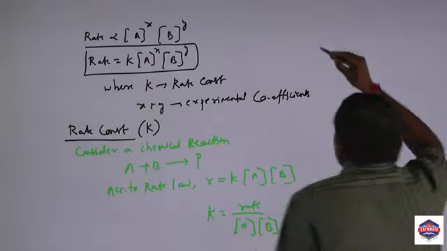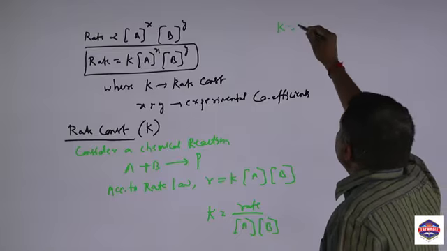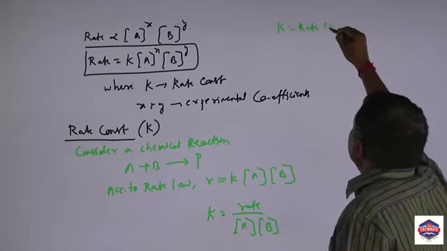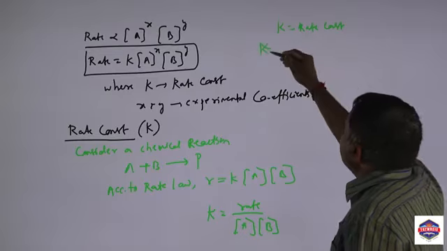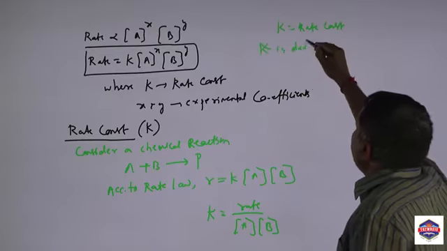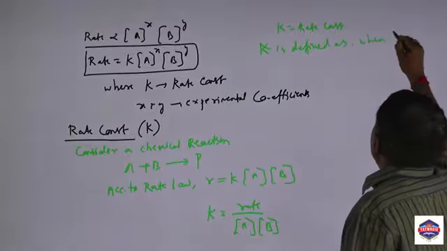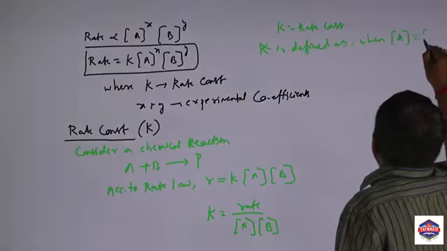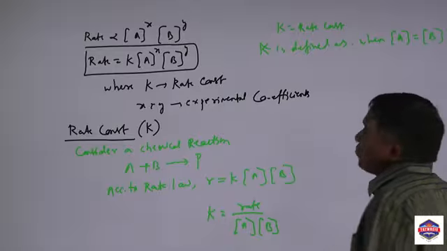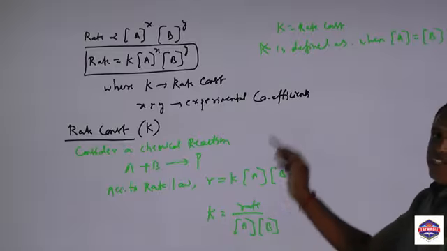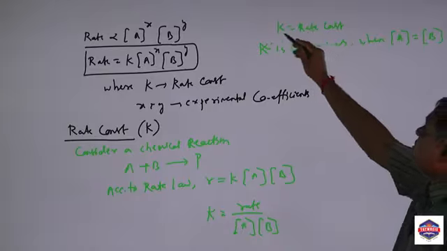Now how can we define k? k is the rate constant. So k is defined as what now? When concentration of reactant A equal to reactant B. This is the definition of rate constant now.